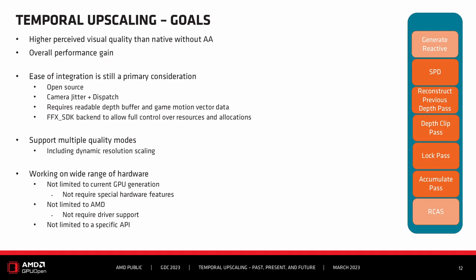Then we still wanted to have a very easy integration for developers, though it was clear from the start that it would be a bit more complex due to the additional requirements like camera jitter and motion vector data. And we wanted to make sure that the developer can retain full control over all resources and allocations, as the algorithm is obviously more complex than FSR1, which is just a single dispatch.